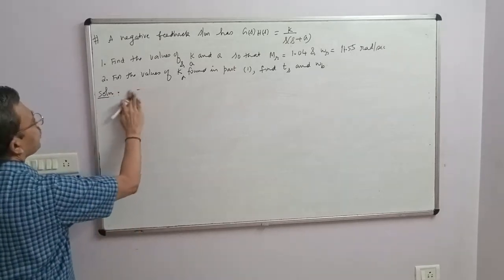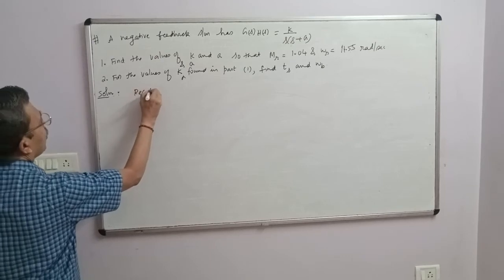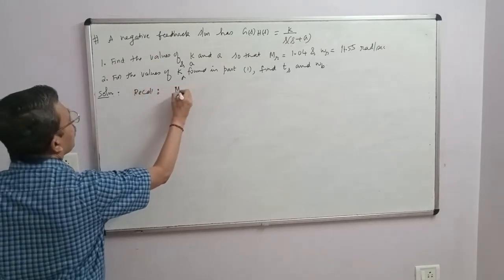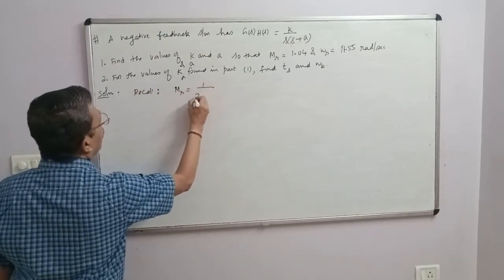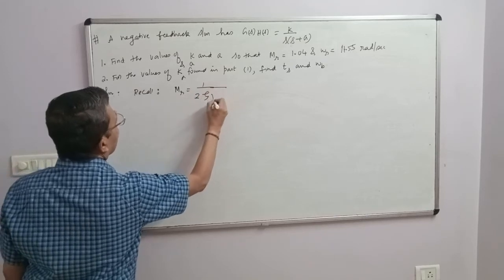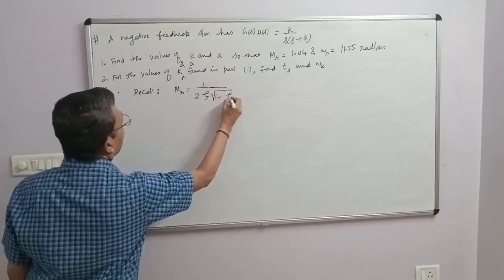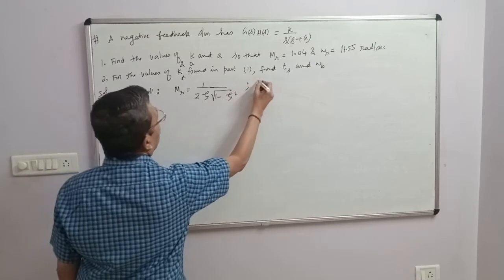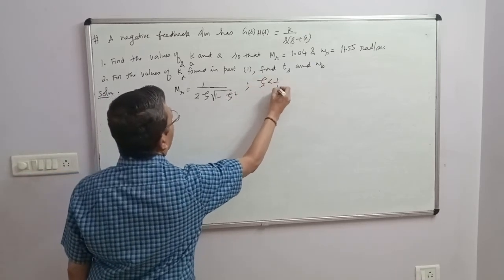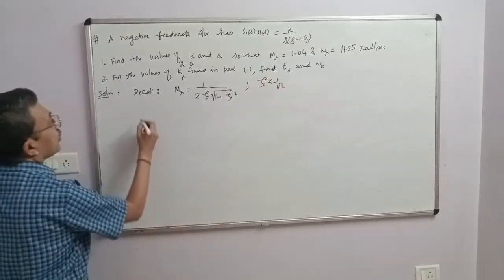Recall, MR is equal to 1 over 2 zeta into square root of 1 minus zeta square when zeta is less than 1 by root 2.